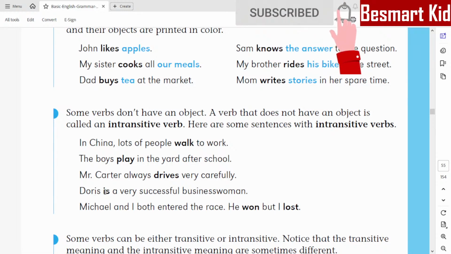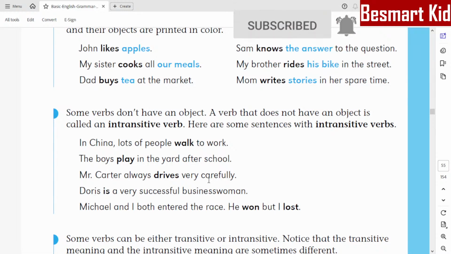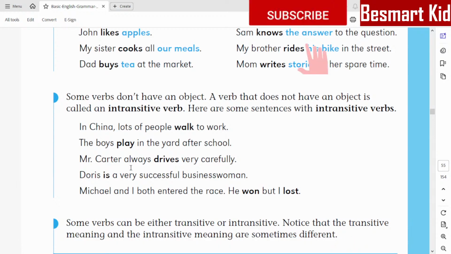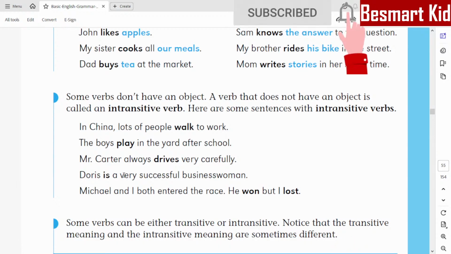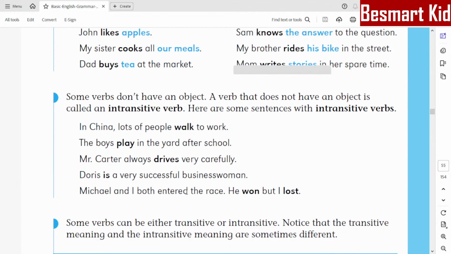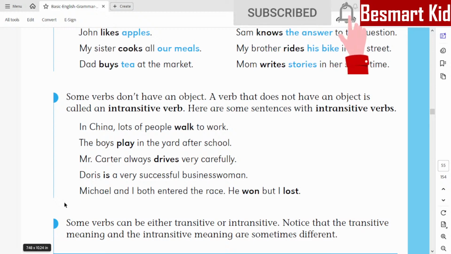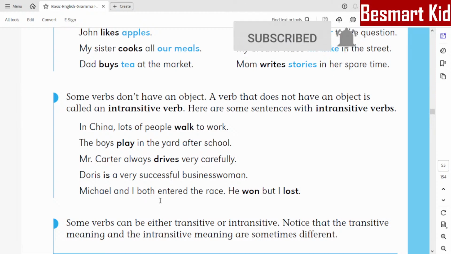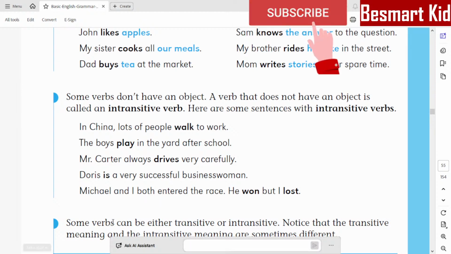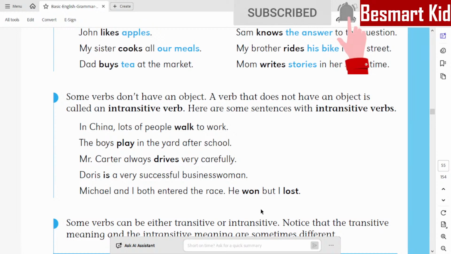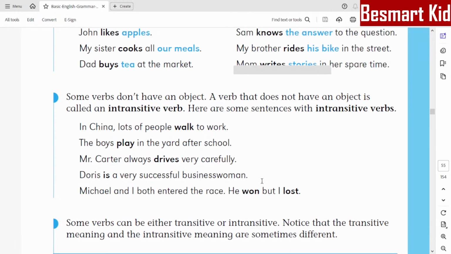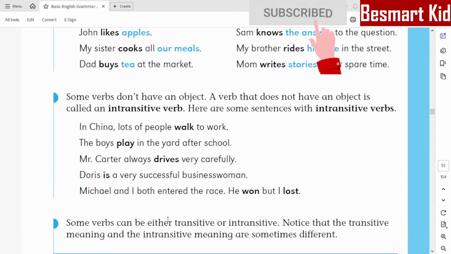Mr. Carter always drives very carefully. Doris is a very successful businesswoman. Michael and I both entered the race, but he won, but I lost.